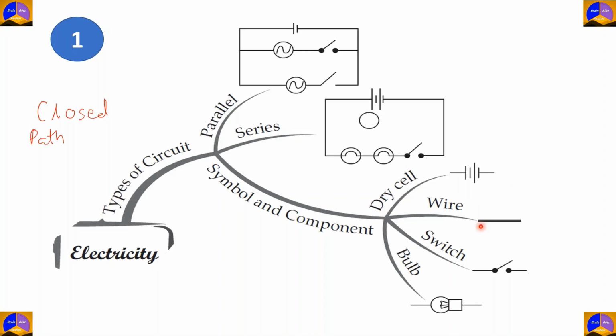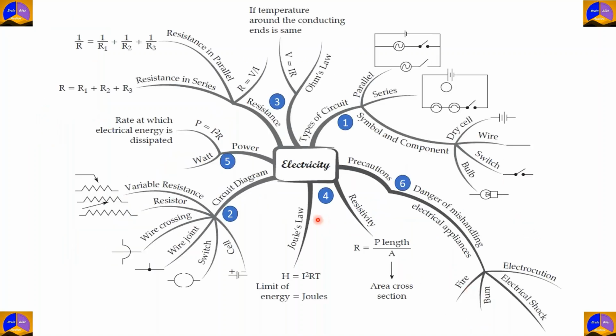The wire of an electric circuit is represented by a single straight line. A switch is represented in this way, and a bulb is represented hence. To find out more such representations, let's go to the next part of our mind map: circuit diagrams.